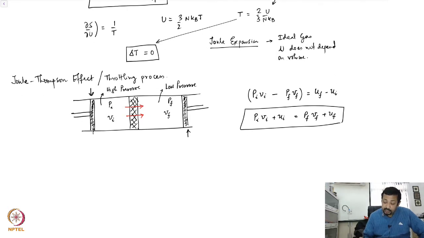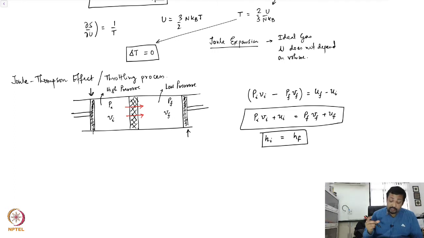Now you immediately see that for 1 mole of a gas, the molar enthalpy in the initial state, the left hand side, is equal to the molar enthalpy in the final state.